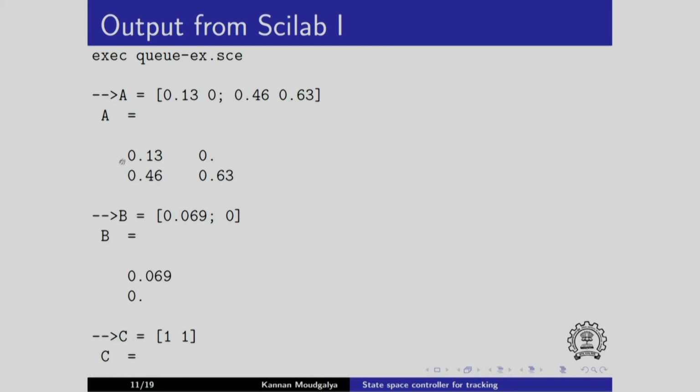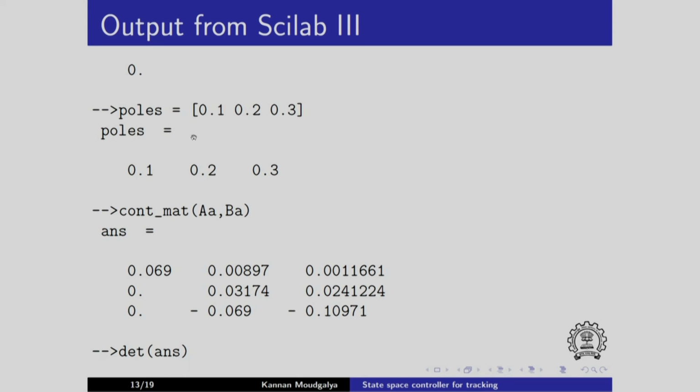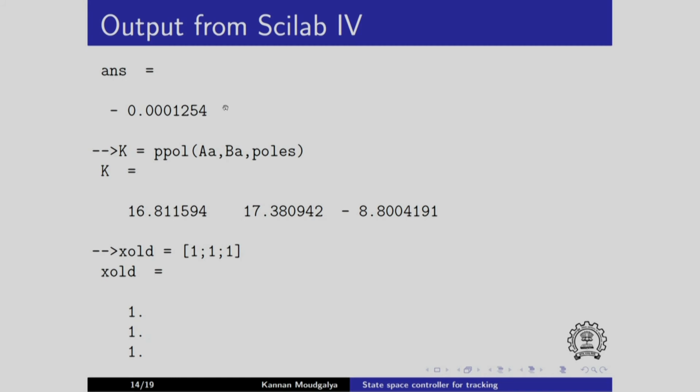Here is the A matrix, B matrix, C matrix, the augmented system AA, BA. We want the poles to be at 0.1, 0.2, 0.3. Here is the controllability matrix. The determinant is non-zero, and hence you can place the poles using Ackermann's formula.